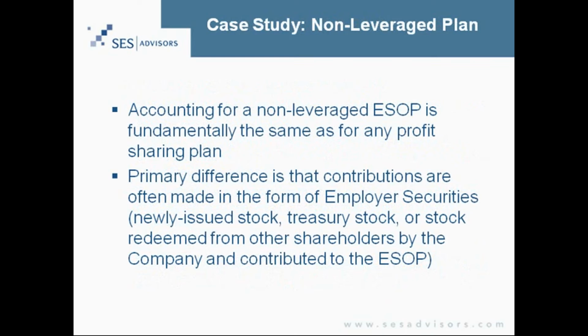They might declare it in the form of $300,000 worth of employer securities. It can take a few different forms, but when stock is contributed to the ESOP, the company receives a deduction for the value of those shares that we're contributing. It doesn't actually have to be contributed until the extended deadline for the corporate filing of the 1120, just like with any retirement plan.